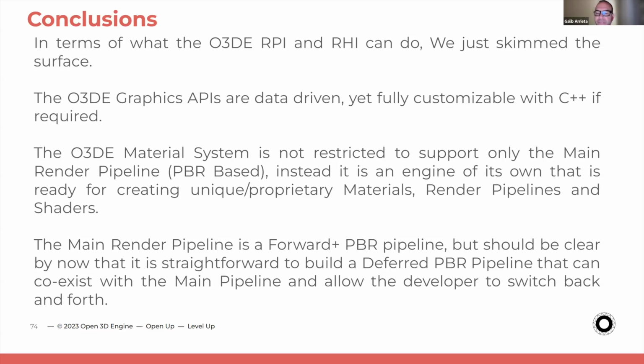The main render pipeline is a forward plus PBR pipeline, but it should be clear by now that it is straightforward to build a deferred PBR pipeline that can coexist with the main pipeline. And this allows the developer to potentially switch back and forth. Especially for some of you who may be graphics aficionados who like to compare the benefits of a deferred pipeline versus forward plus, you can actually have 2 pipelines running at the same time, each one rendering, let's say, on different billboards side by side, and you can capture all of that data on RenderDoc and compare how your pipeline performs when you pick the forward plus version versus the deferred version.